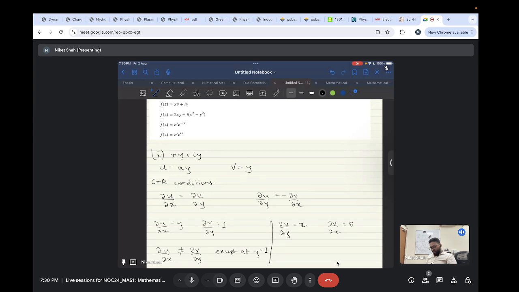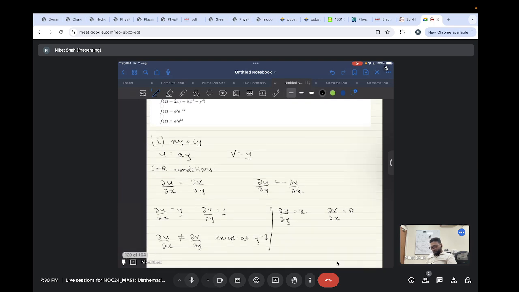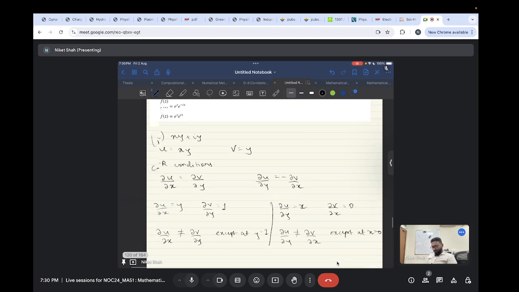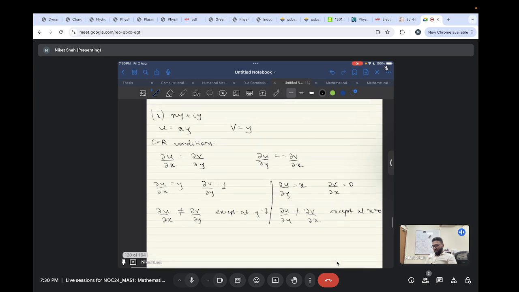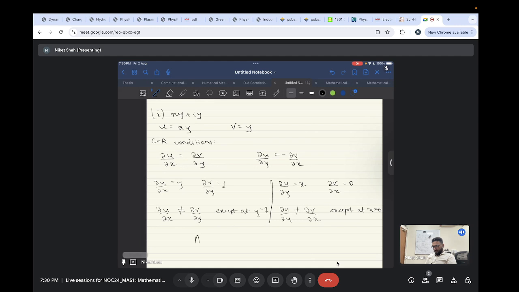It tells me that del u by del y is not equal to del v by del x except at x equals 0. So what this tells us is that at x comma y corresponding to 0 comma 1, the conditions are satisfied.